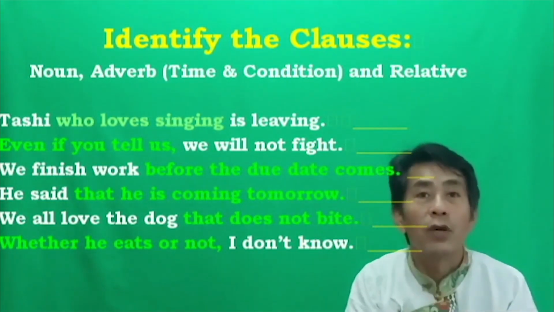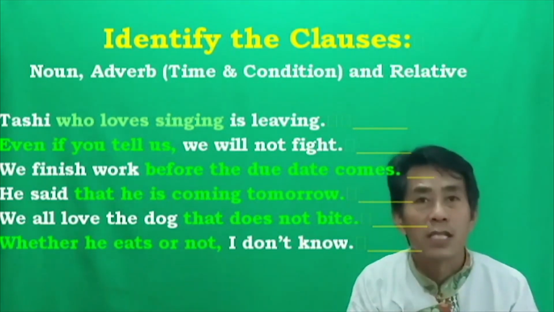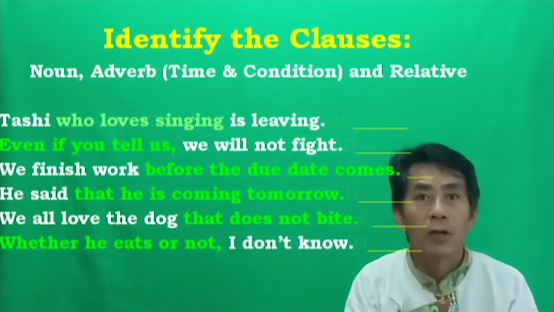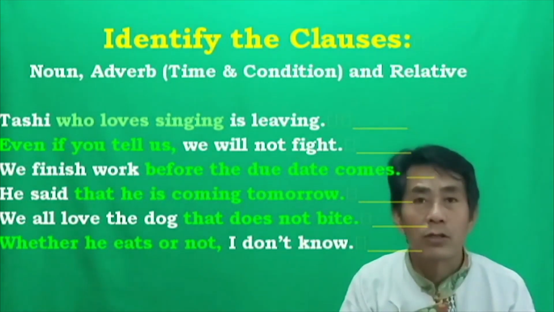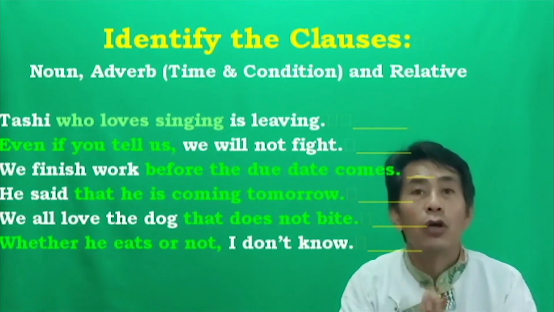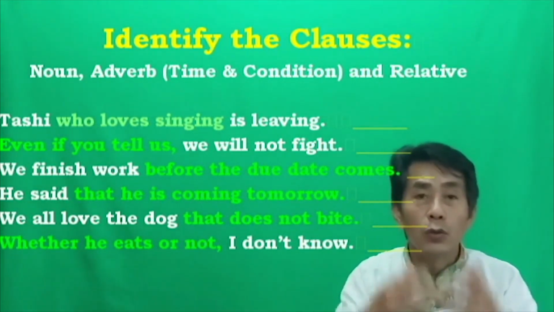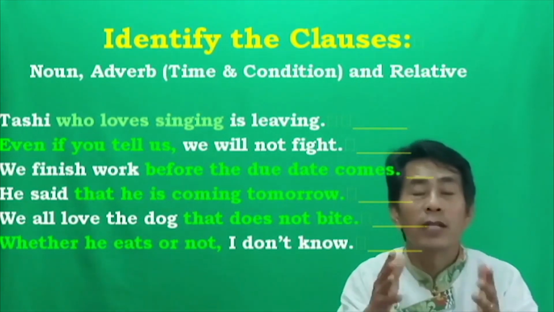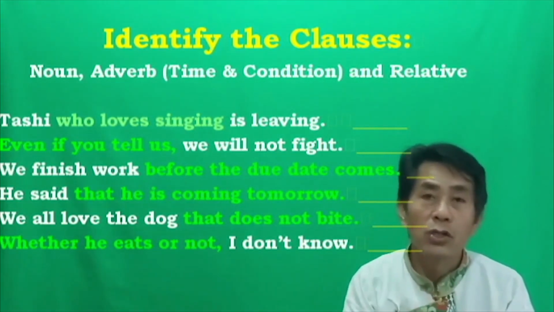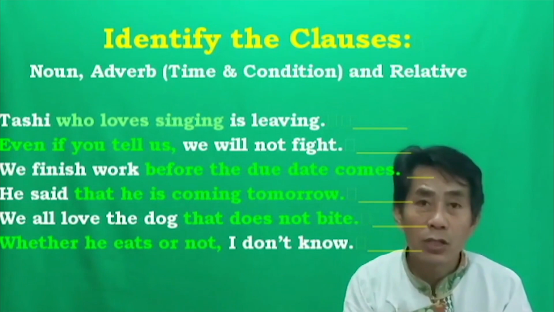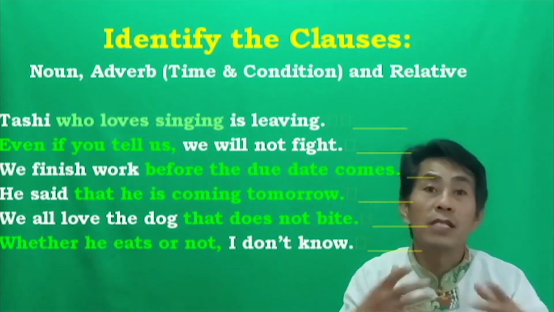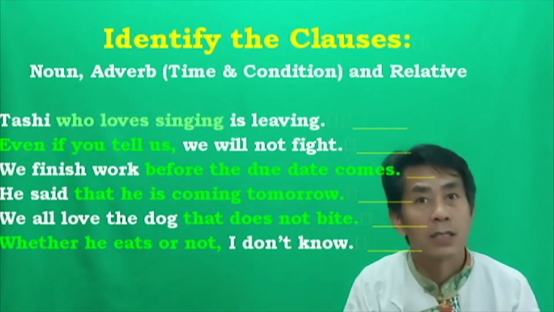So you have to identify which clause this is: noun clause, adverb clause, or relative clause. Got it? So if you miss something, go through the video again and try to understand the 3 types of clauses, because this is in your syllabus. Thank you.